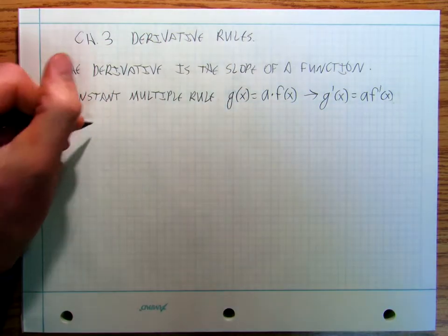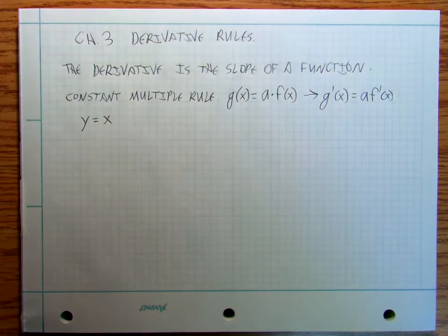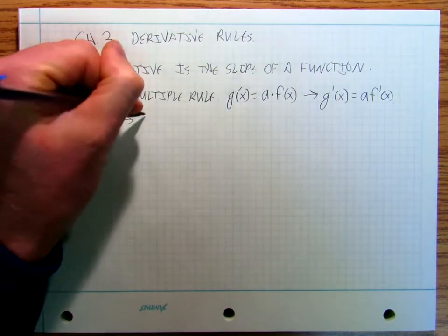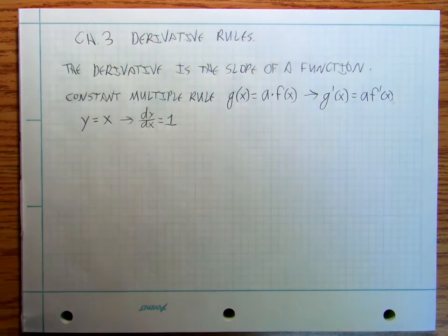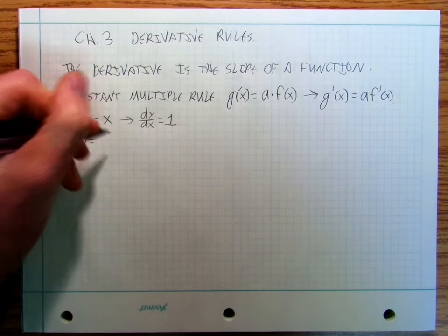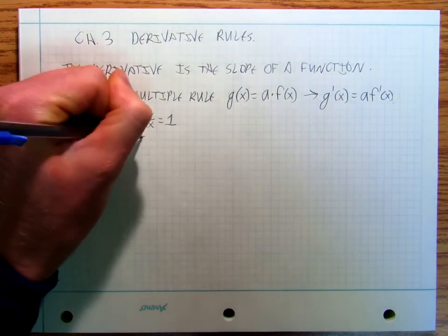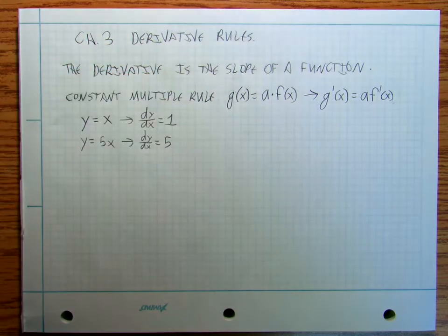So let me just show you. Okay, so y equals x, and then using different notation, dy/dx is equal to 1. And then y equals 5x, then dy/dx is equal to 5.